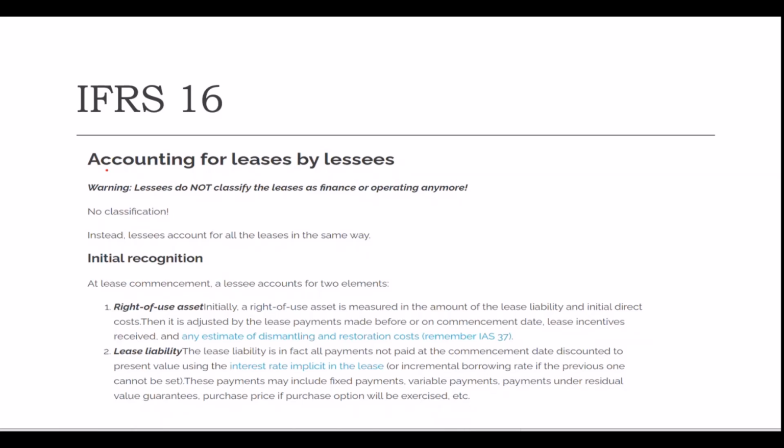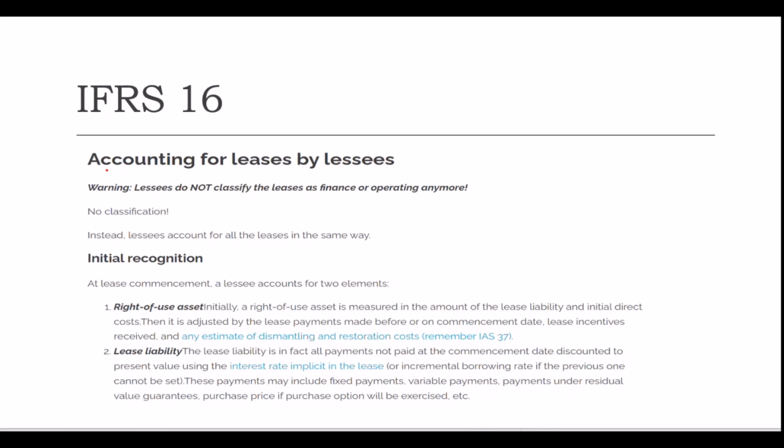And for a liability, when we have accounted for a liability, what is the subsequent measurement? If I recognize a liability, someone has mentioned the rental expense. What other subsequent thing?